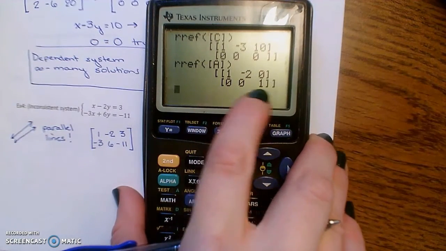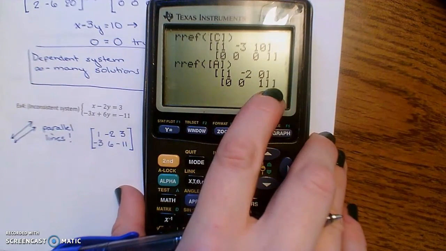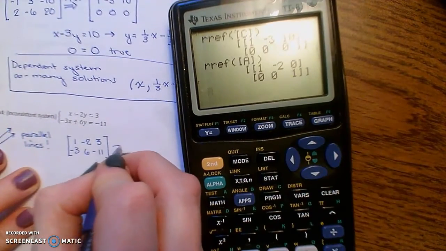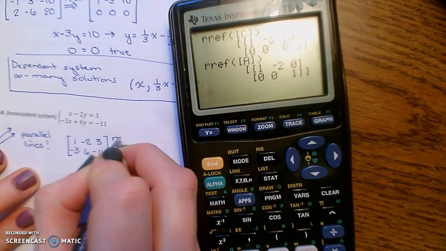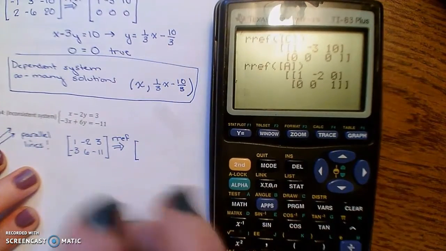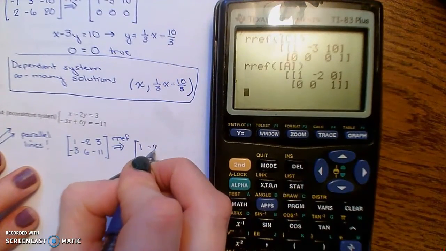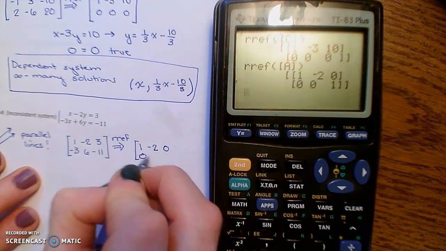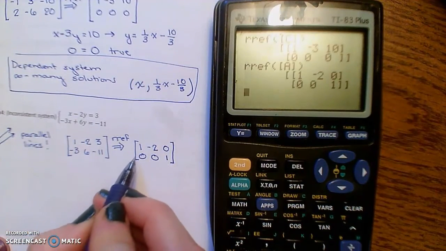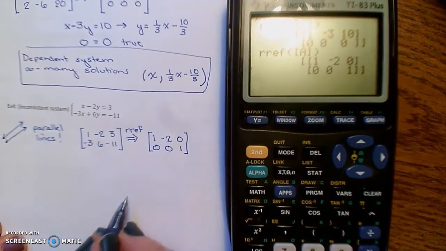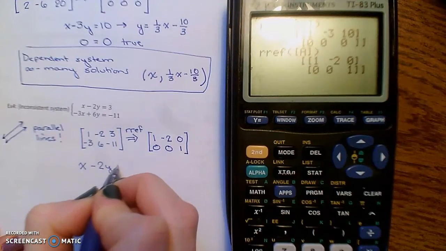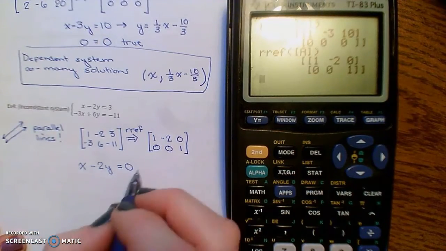Not a whole row of zeros, but this second row is 0, 0, 1. So let's write this down. Putting it in reduced row echelon form, we get 1, negative 2, 0, and 0, 0, 1. So this first row here says x minus 2y equals 0, which is a perfectly fine equation.